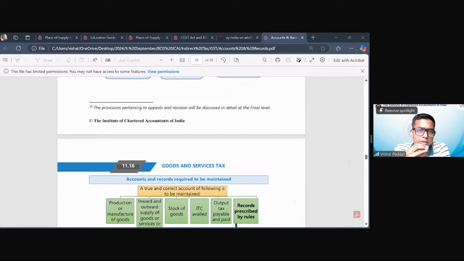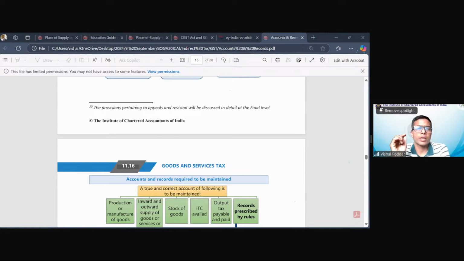In C, for doing this construction, reconstruction, repair, modernization, you have given the contract to a works contractor, and everything is done by the works contractor. That is, the works contractor will purchase all the materials. The works contractor will hire all types of workers and laborers and architects and engineers, and he will give you one bill of works contract. That is clause C.